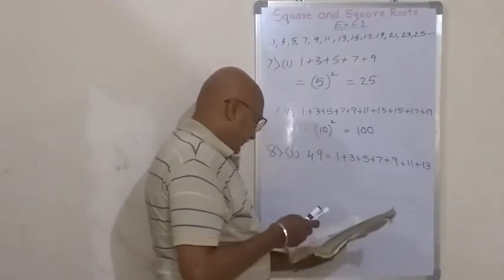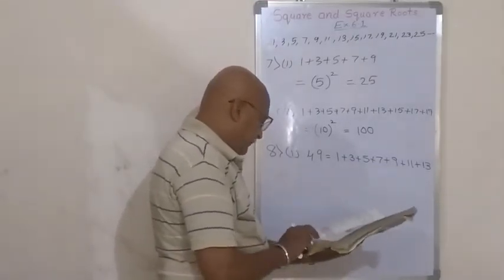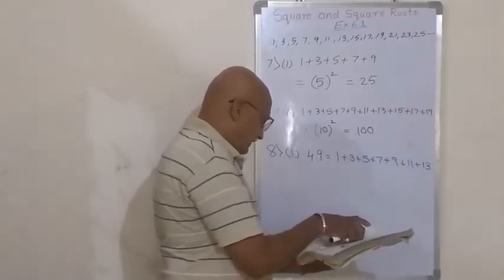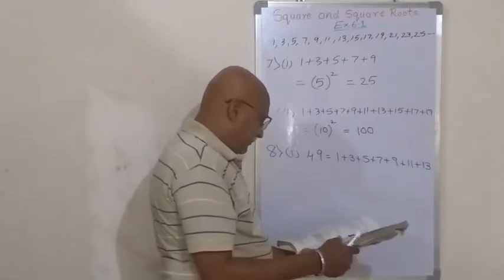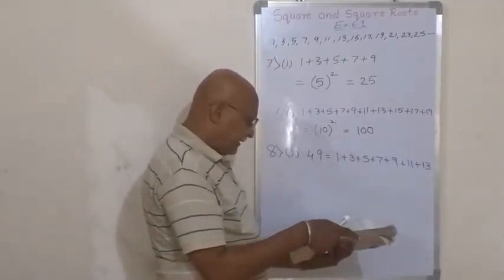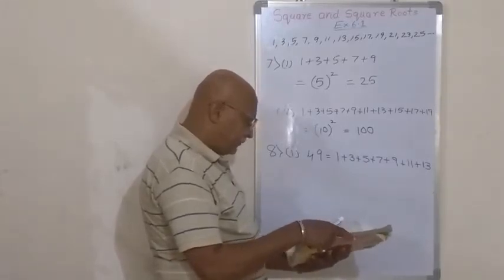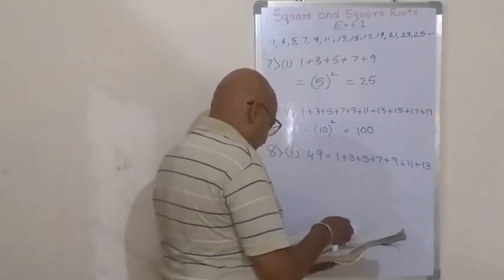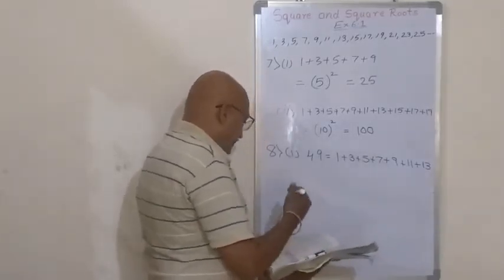Now let's move to the last one, that is the 9th one. How many numbers lie between the squares of the following numbers? Here I will take one example, the rest two you will do on your own. The second one I am doing here.